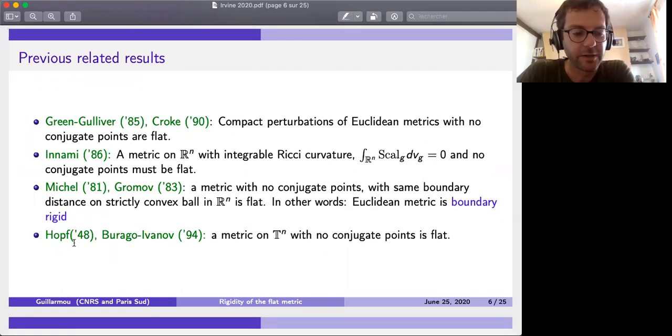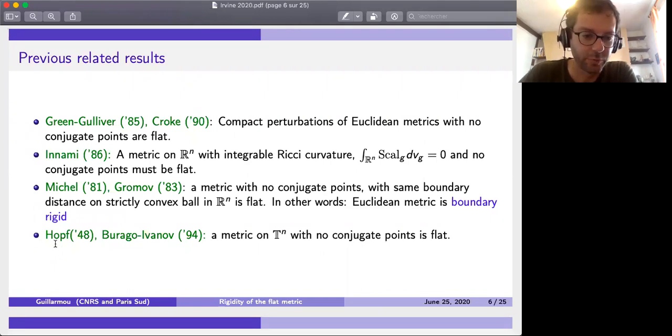And another relation is the case of a closed manifold. So manifolds with no conjugate point have been studied quite a lot also in the closed case. There was a famous conjecture of Hopf, which was proved in dimension 2 by Hopf, which said that if you have a metric on the torus, if it has no conjugate point, then it must be flat.